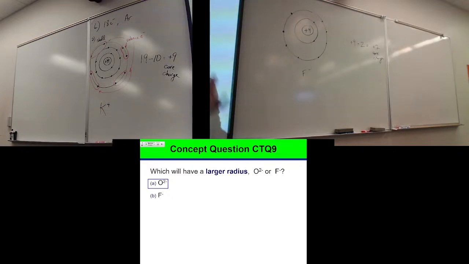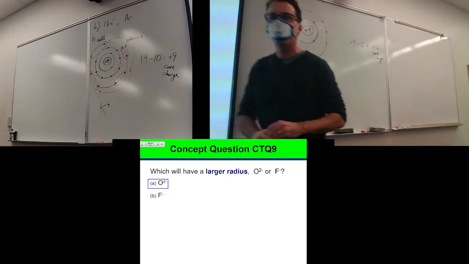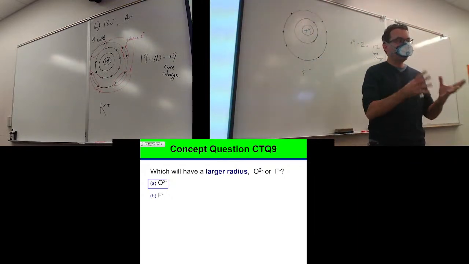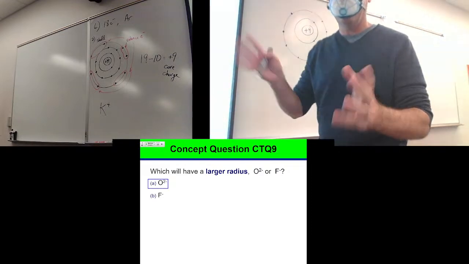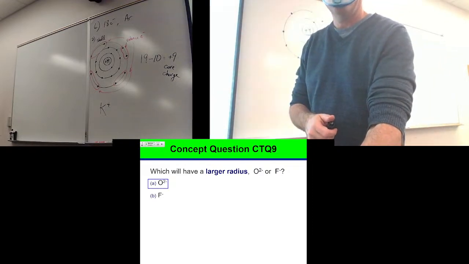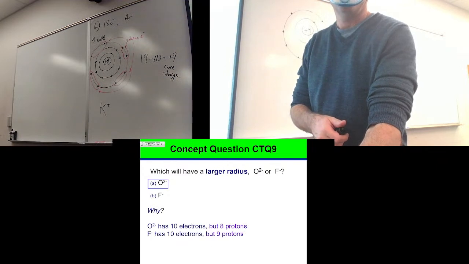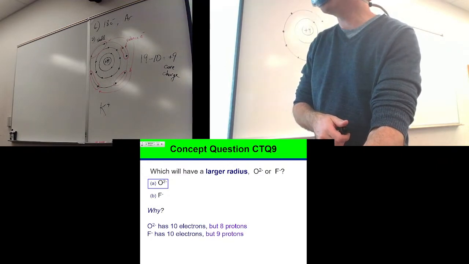The one that has the fewest protons is going to be the biggest. So which is going to be the biggest? The one with the fewest protons. Oxygen has fewer protons than fluorine. This argument only works if you know that they're isoelectronic, if they have the same number of electrons, and you can count. Oxygen has 8 protons only.